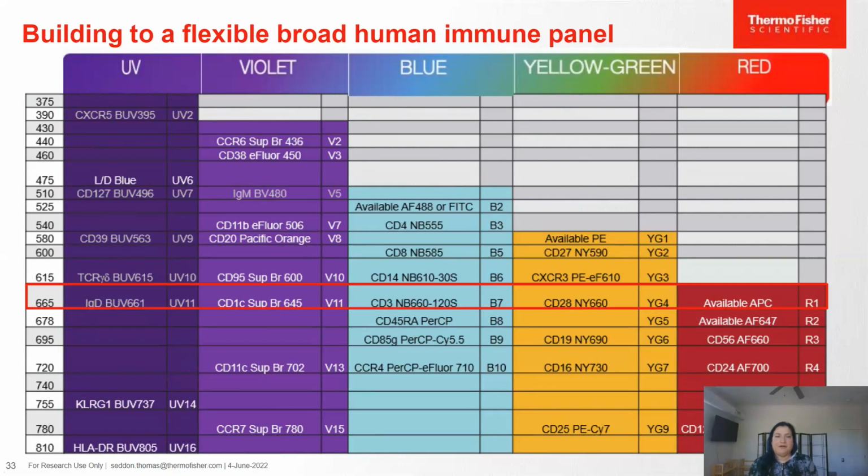And so you can see here, for instance, again to come back to that issue in terms of cross-excitation, what I did was position IgD, which would be on the B cells, CD1C, and CD3 on T cells. So really trying to position the cells so that they're not co-expressing on these particular fluors.